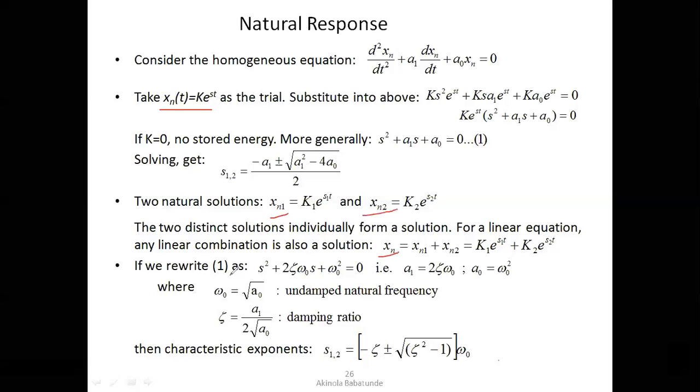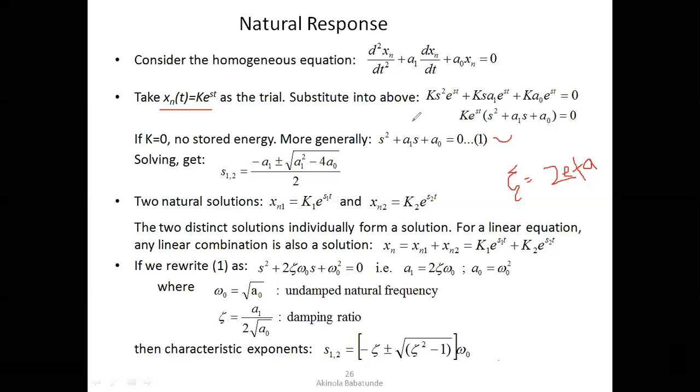So if we write equation 1 as s squared plus 2, there is a new term we are introducing here by definition. It is called zeta. We have our beta, our gamma, our lambda, we have all of those. We also have this, which is called zeta. By definition, we write this as s squared plus 2 zeta w naught s plus w naught squared equals 0.